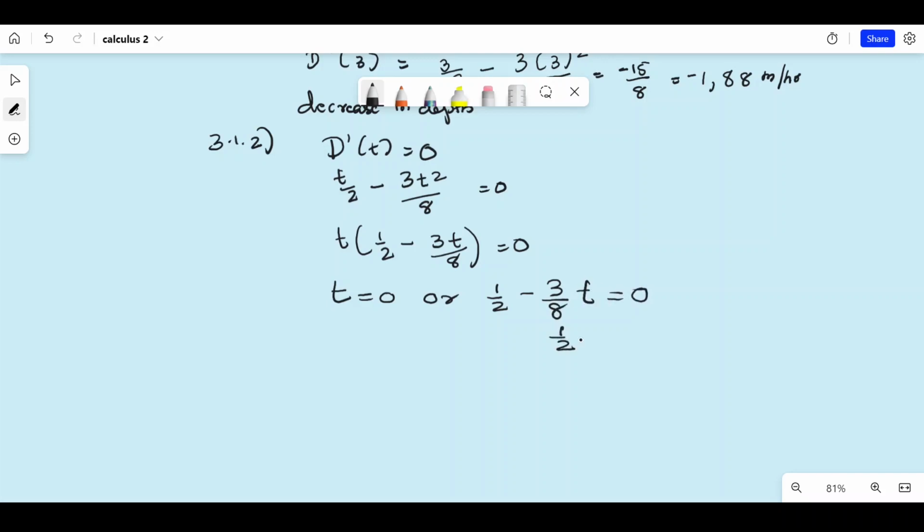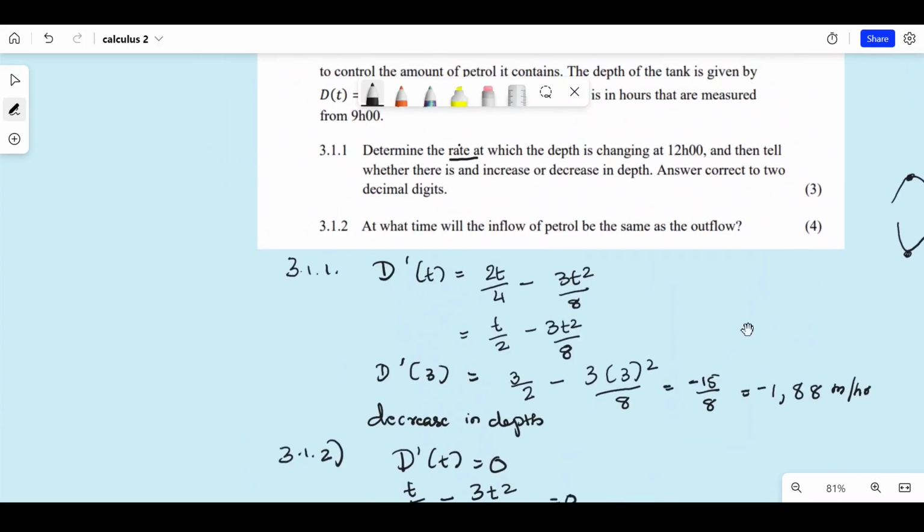That is half equal to 3 over 8t. You multiply by 8 over 3 or divide by 3 over 8, you get t equal to 4 over 3. So at time t equal to 0 and t equal to 4 over 3 means at 9 o'clock, because the whole thing happens at 9 o'clock.